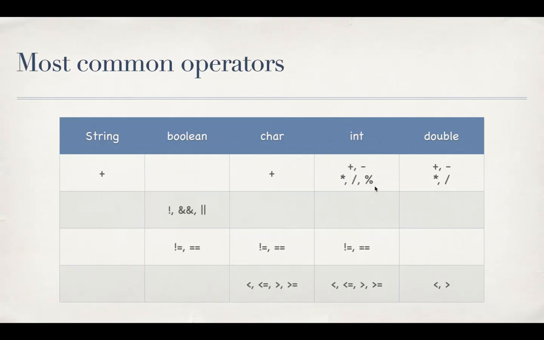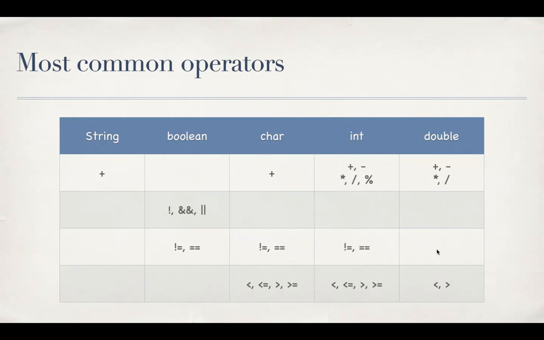So I prefer calling it a remainder operator. Note that the remainder operator is not listed under doubles, although if you use it on doubles, again, the compiler won't complain, but it doesn't make sense to have remainder on a double division. Okay. Integers, like characters, you can compare for equality and greater than, less than, etc.